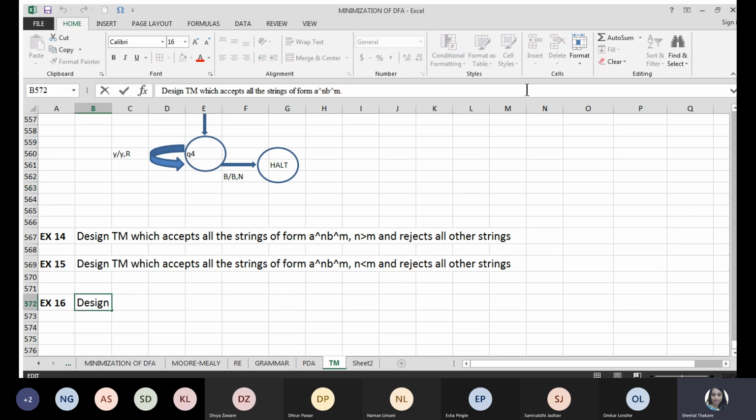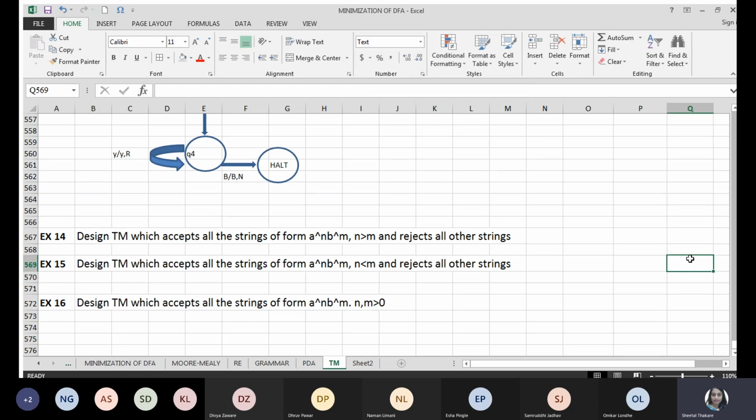Most probably they'll give it likewise. n and m are greater than 0. They are greater than 0, but no relationship between n and m is given. So n can be greater than m, it can be equal, or even it can be less.